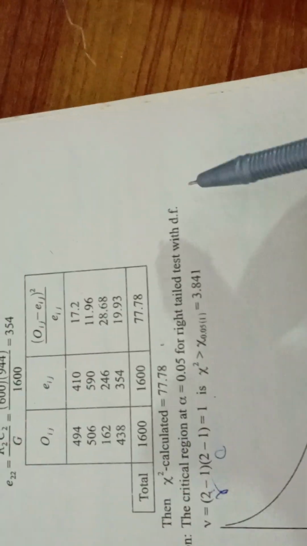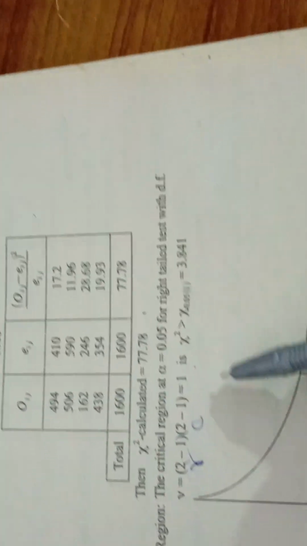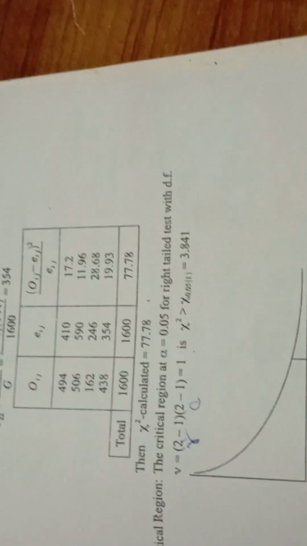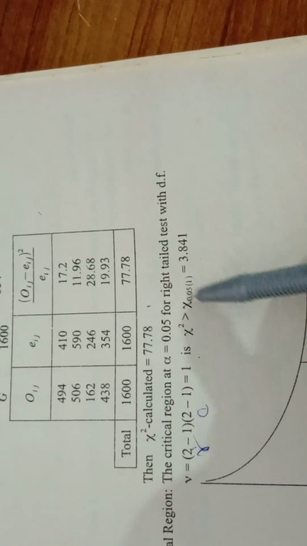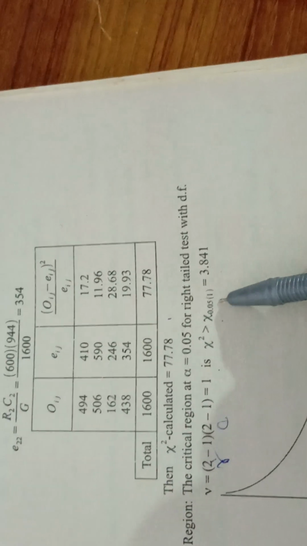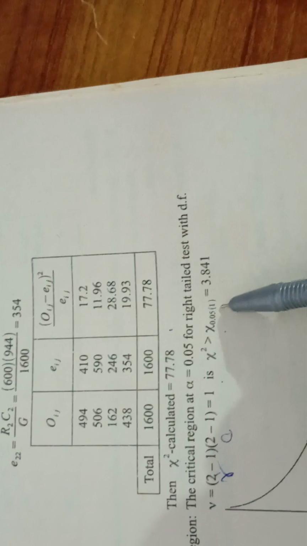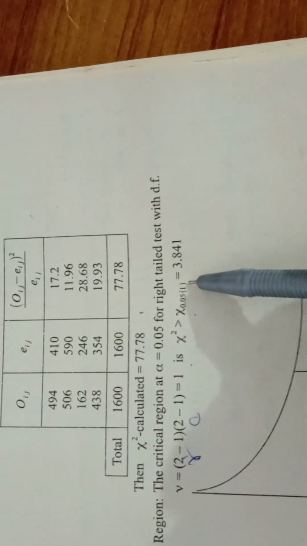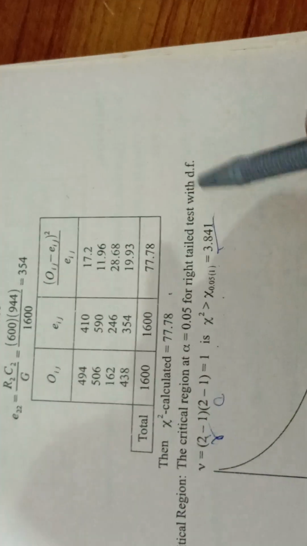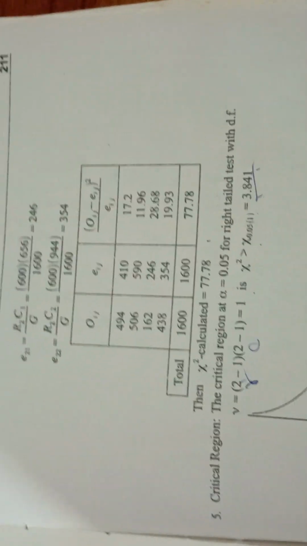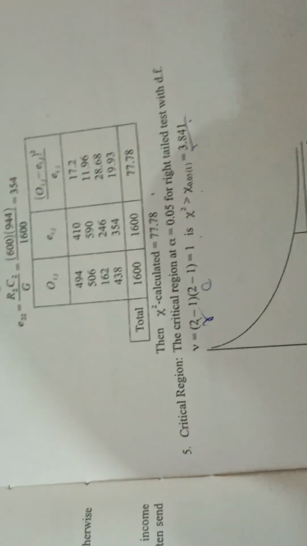So the critical region is chi-square greater than chi-square at level 0.05 with 1 degree of freedom, which is equal to 3.841. ये आपके पास कैसे आया? ये आपके पास टेबल से आएगा. This value comes from your table.